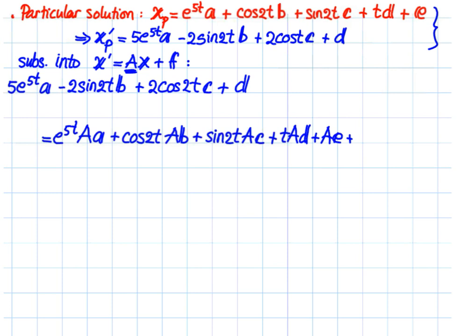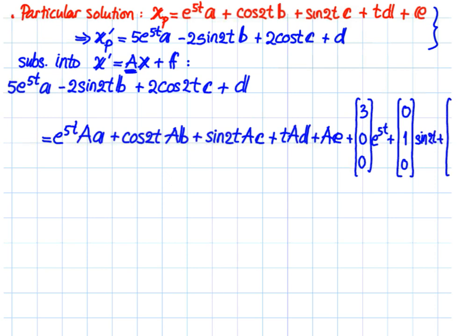I'm going to put that in matrix form in terms like this. I could put 3, 0, 0 for e to the 5t, plus 0, 1, 0 for the sine 2t, and 0, 0, and 9 for t.